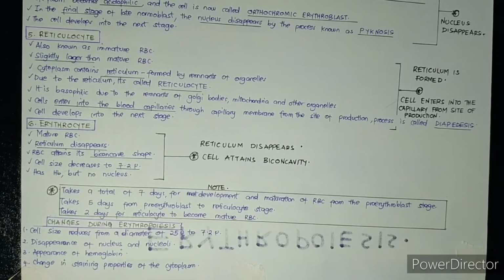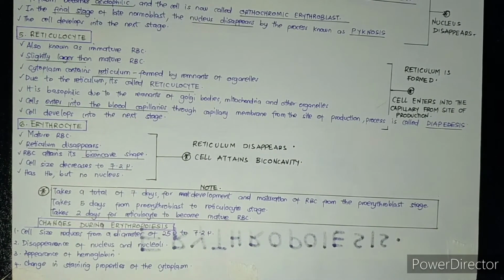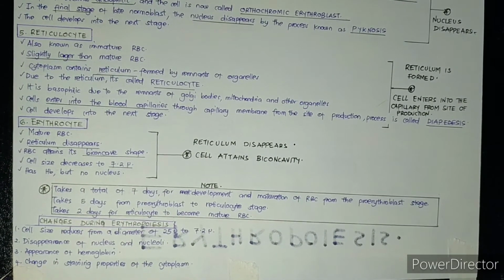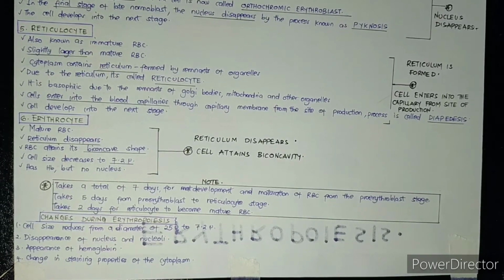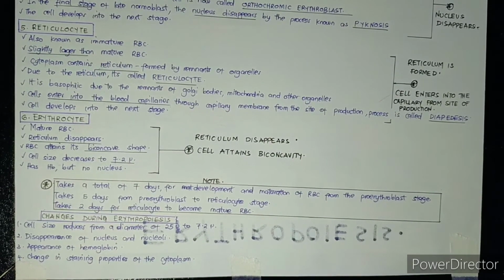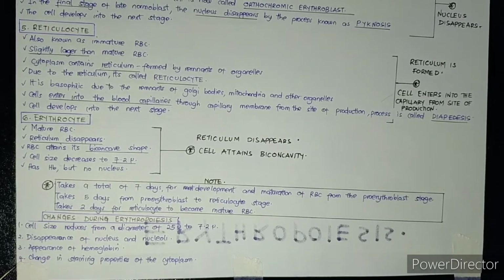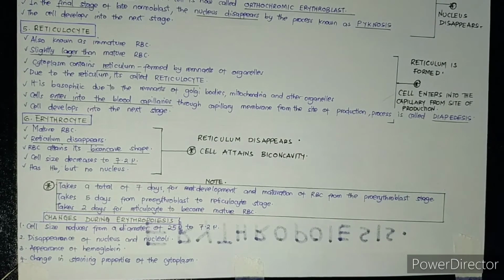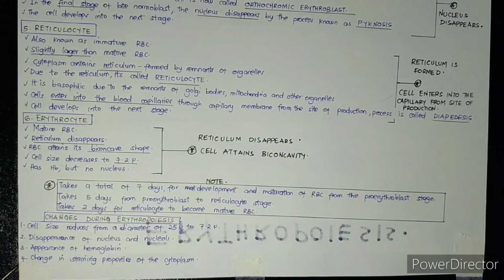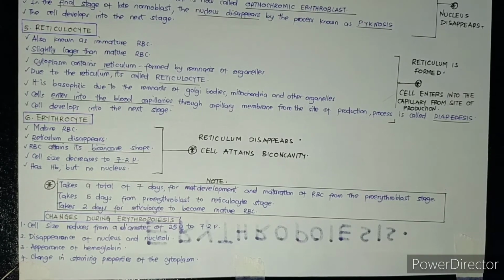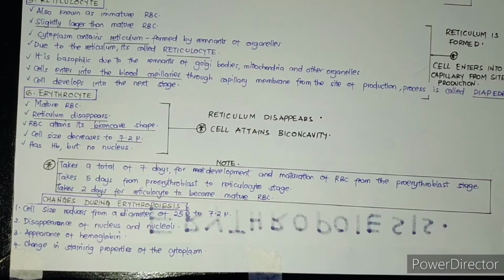The cell enters into the blood capillaries through capillary membrane from the site of production by the process called diapedesis. This cell develops into the next stage. There are two important events occurring at this stage. The reticulum is formed and the cell enters into the capillary from the site of production.